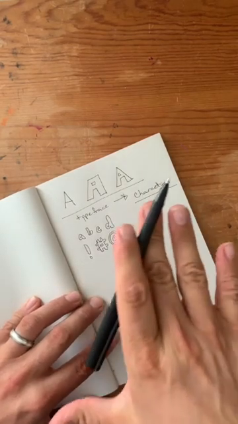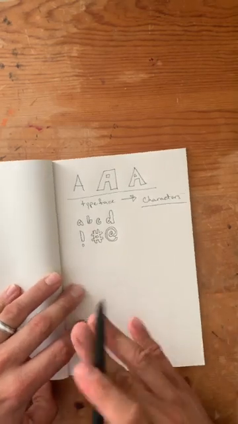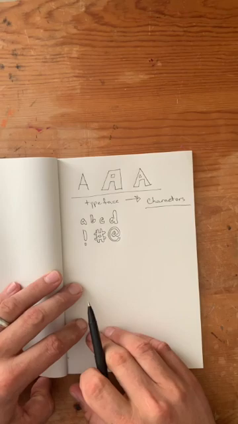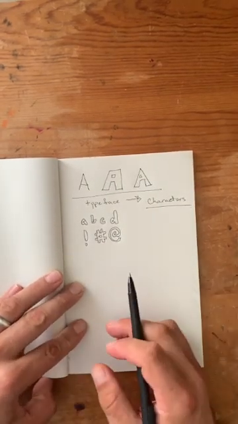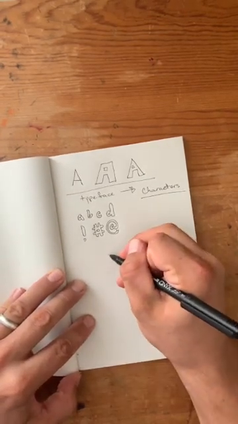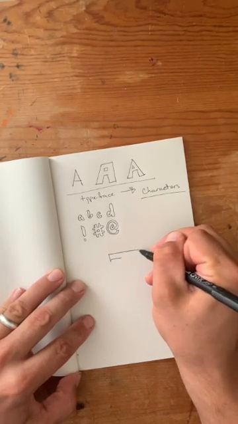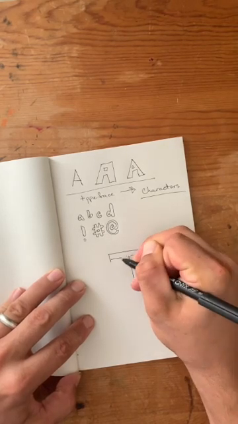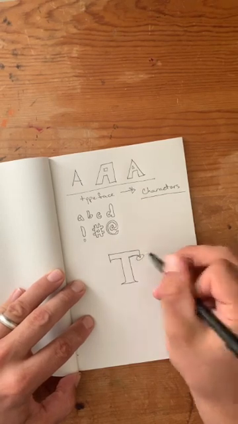Now, you'll hear a lot when people are designing type or doing a paper and picking out their typeface for their papers, you'll hear the term serif or sans serif. So if you're creating something with a serif, let's say you're doing a letter T, and I'm adding these little lines.